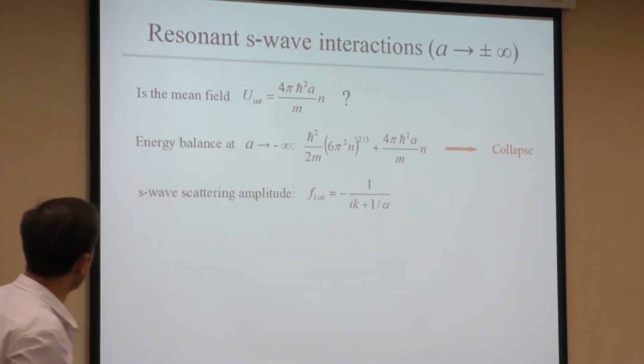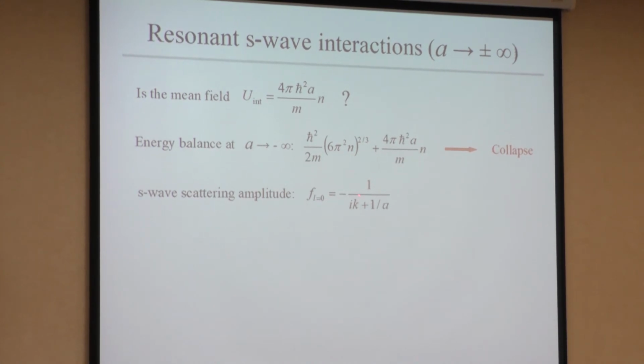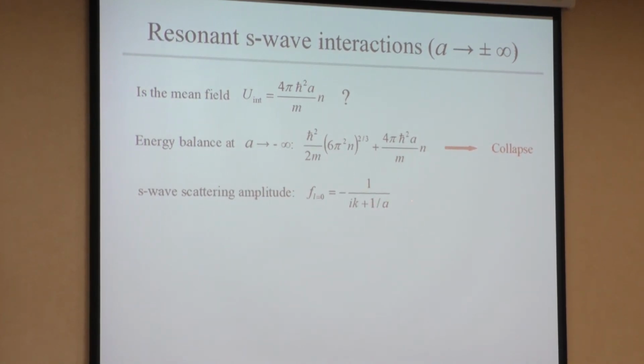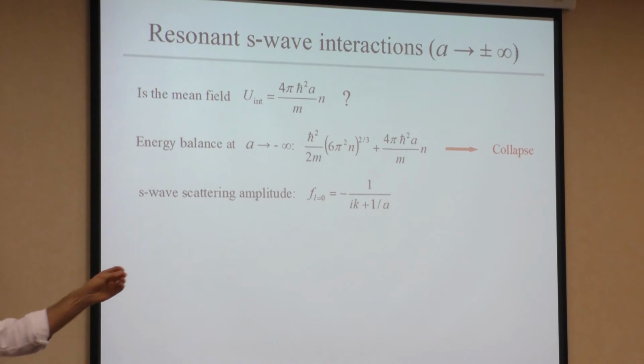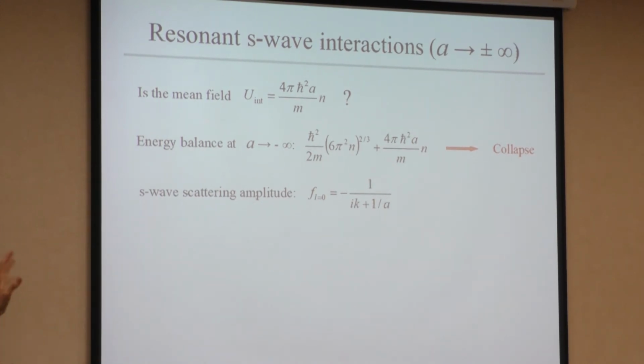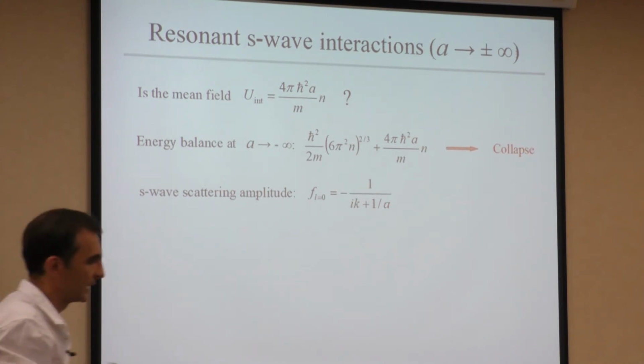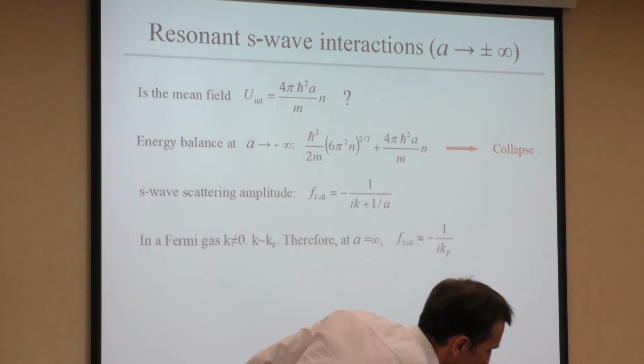Let's again recall the expression for the scattering amplitude. The scattering amplitude consists of the term dependent on the scattering length and the momentum of the relative motion of two particles. Let's just do an order of magnitude analysis at the mean field level. Here A is infinity, so the scattering length only equals 1 over the momentum.